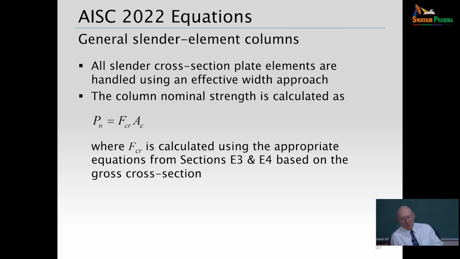So the way the unified effective width approach works for a column is we do the column calculation to get an F critical, or I need to update my notation here. The AISC specification now calls that Fn. So that's your strength of the plate. I think I mentioned it the other day, we're trying to move in the direction where subscript cr always means elastic. We're not there yet.